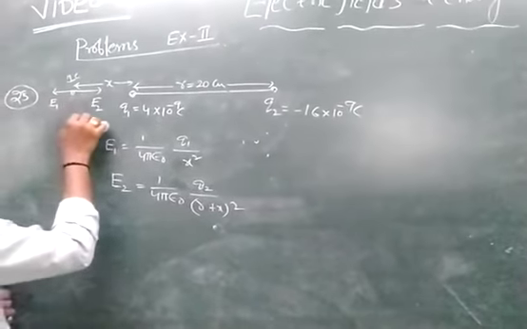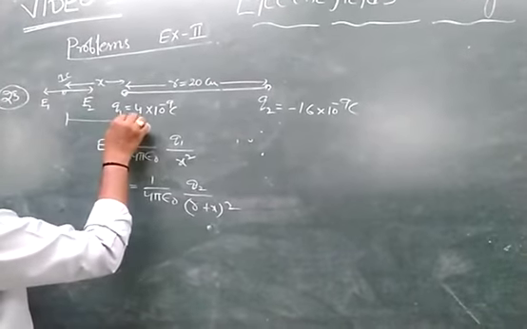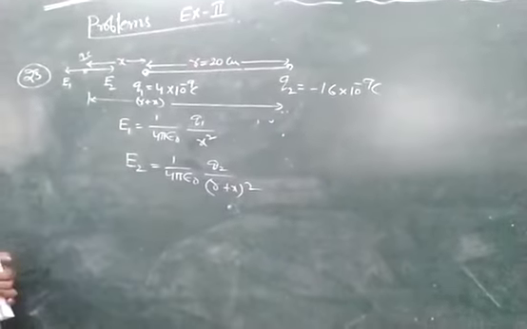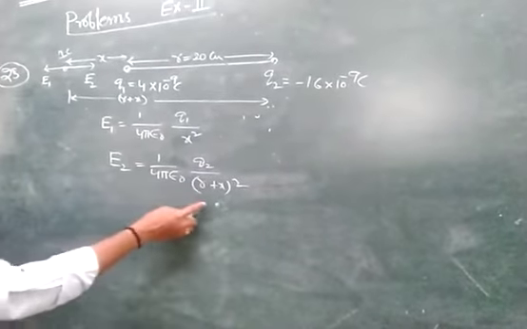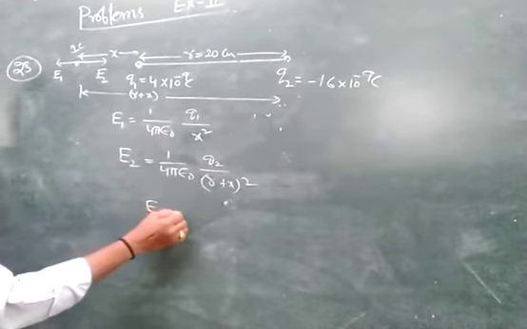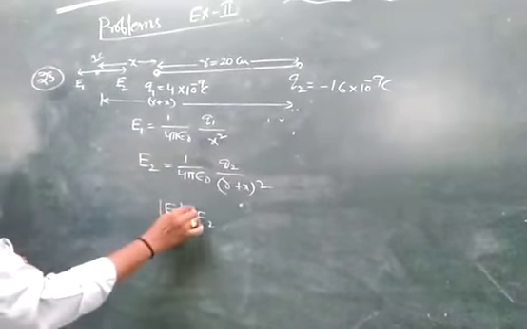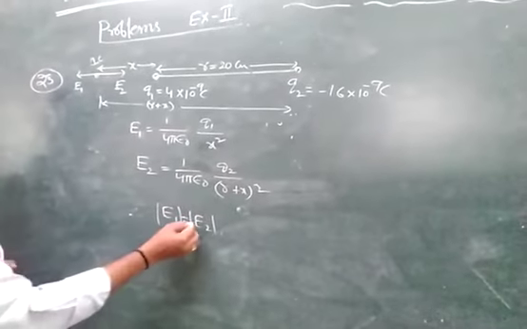This is the distance of this point from this charge. So E1 is equal to E2: equal in magnitude, opposite in sign.